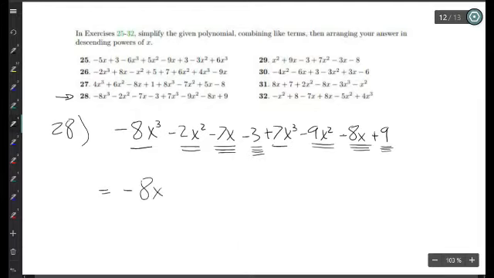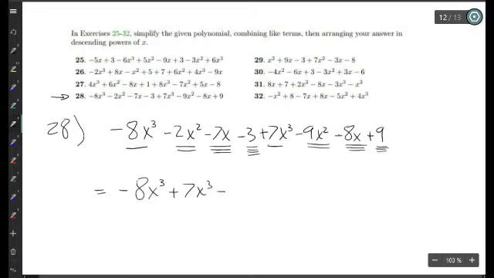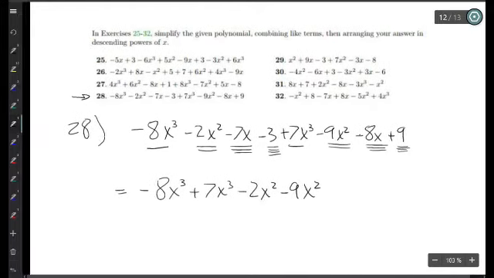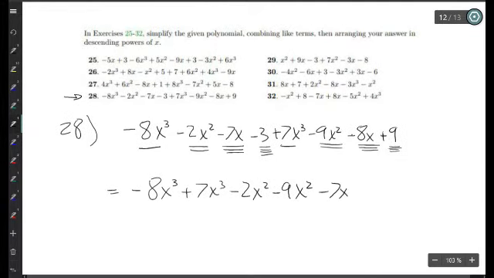Negative 8x cubed plus 7x cubed minus 2x squared minus 9x squared minus 7x minus 8x minus 3 plus 9.